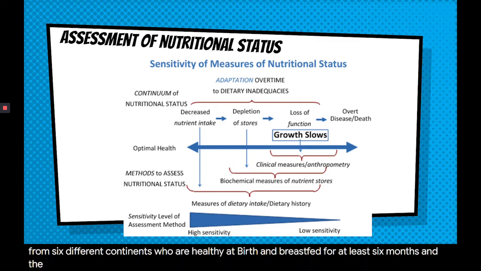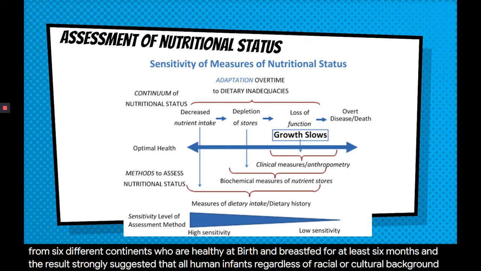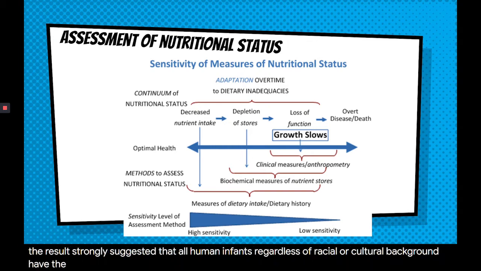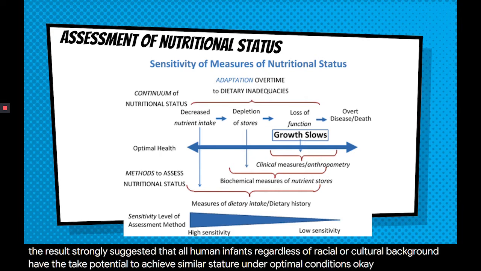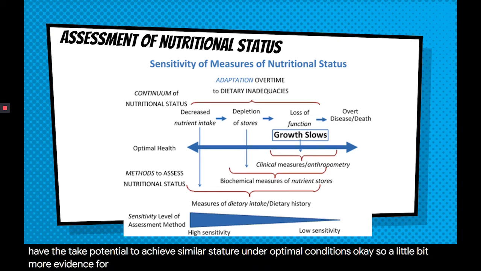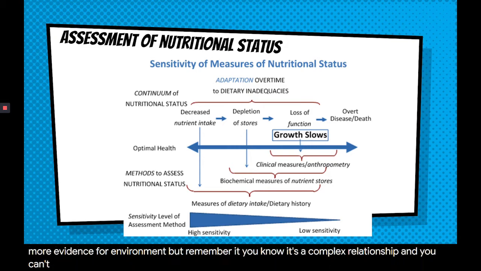And the result strongly suggested that all human infants, regardless of racial or cultural background, have the genetic potential to achieve similar stature under optimal conditions.